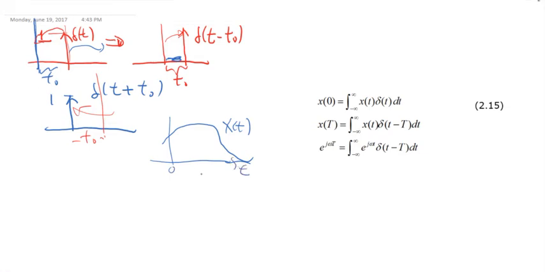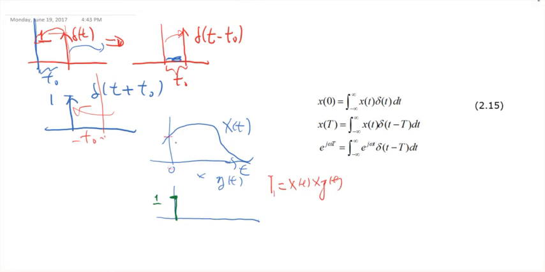If xt is multiplied by gt, and gt only exists here, then xt only exists here, 1 times xt, and that is the answer, xt times gt.